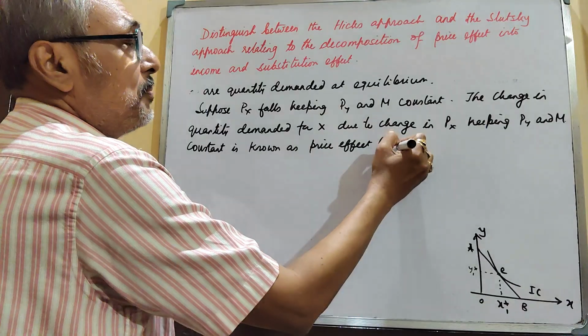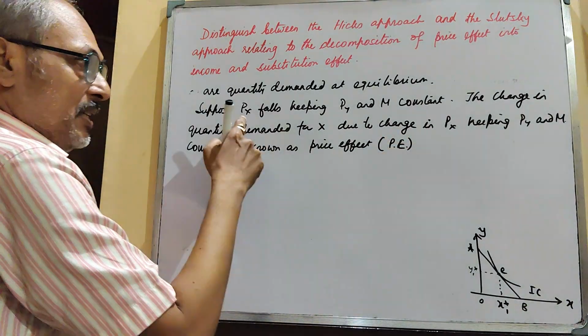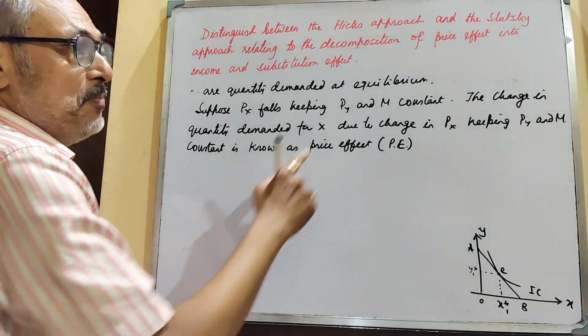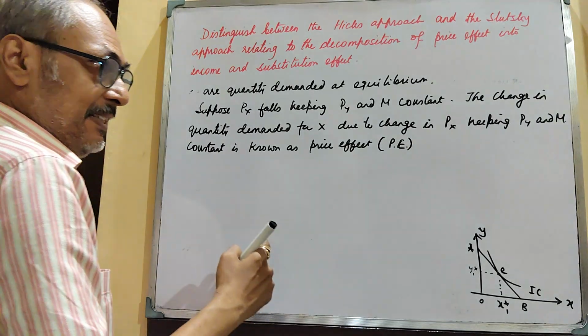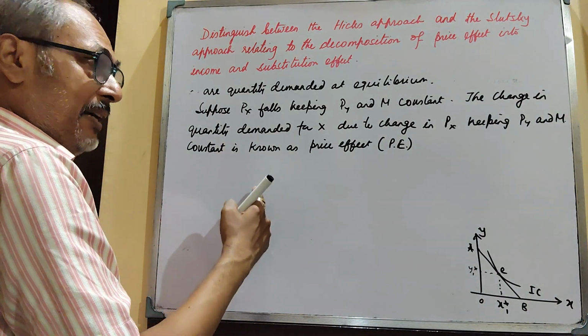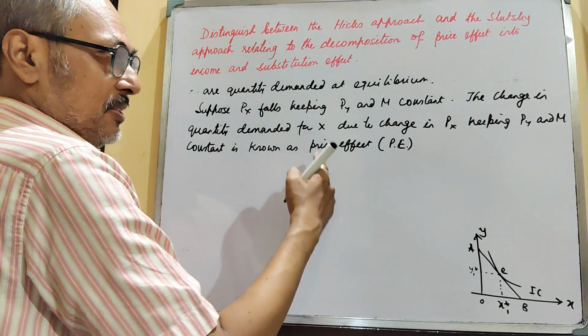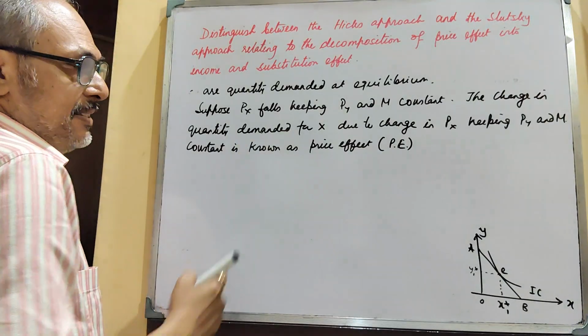Price effect is denoted by PE. That is, when Px falls keeping Py and M constant, how the quantity demanded for X responds is the price effect.